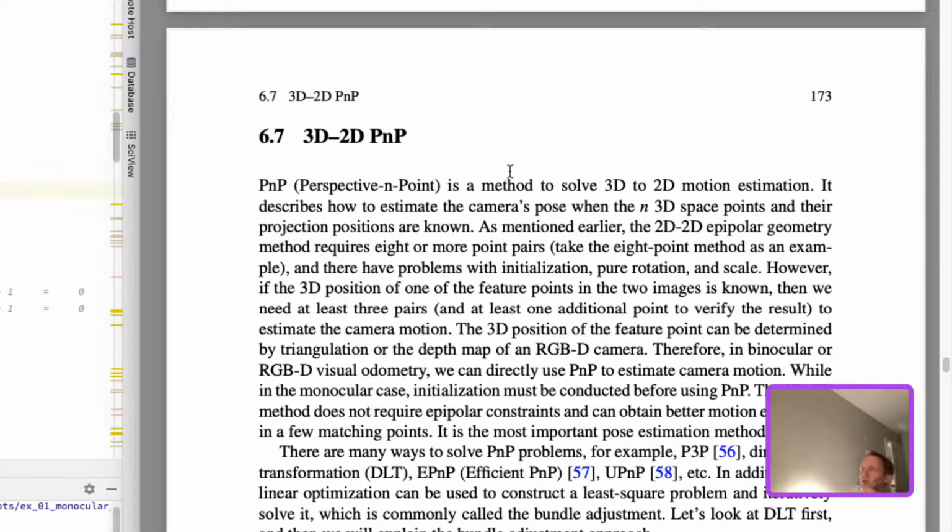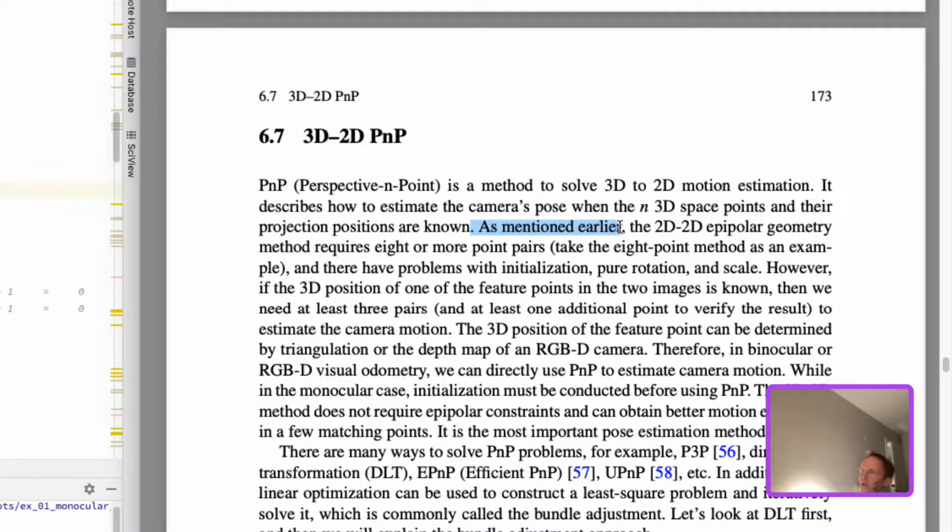Then, PnP is a method to solve 3D to 2D motion because we have n 3D points and the projection positions are known. I have no idea what this means. Oh, projection positions means just pixel places.